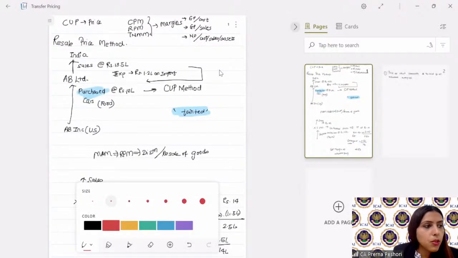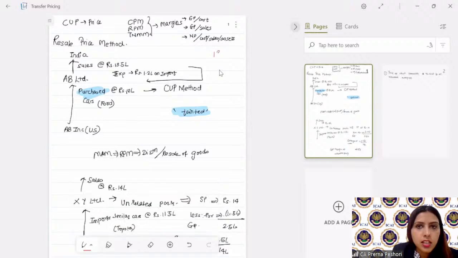On this 13.5 lakhs, which is my selling price, less the normal gross margin or normal GP margin, which is 18%. So 13.5 minus 18% comes to 2.43. 2.43 will be my GP.